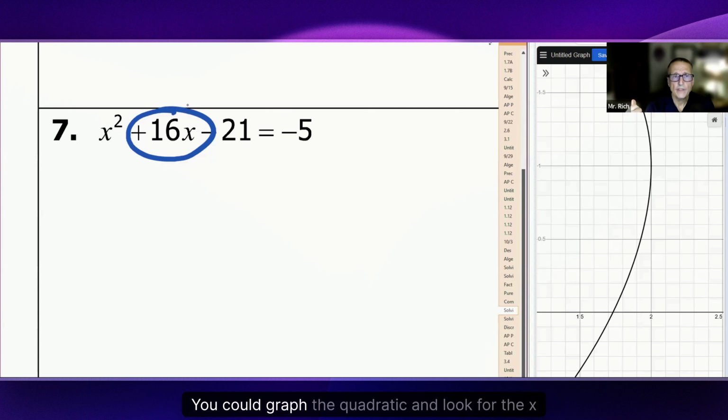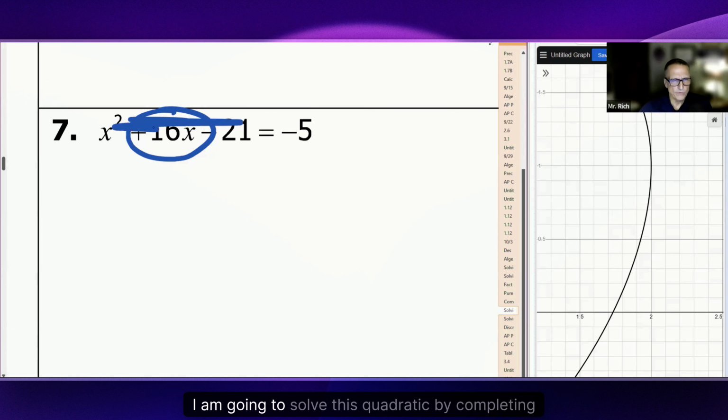You could graph the quadratic and look for the x-intercepts. Now, if there are no x-intercepts, then graphing is really not the method to use because you can't see the solutions. The solutions are going to be complex numbers, so you're going to have to use some sort of analytical method to find them. But let's take a look at enough examples where I can show you how all of this works.